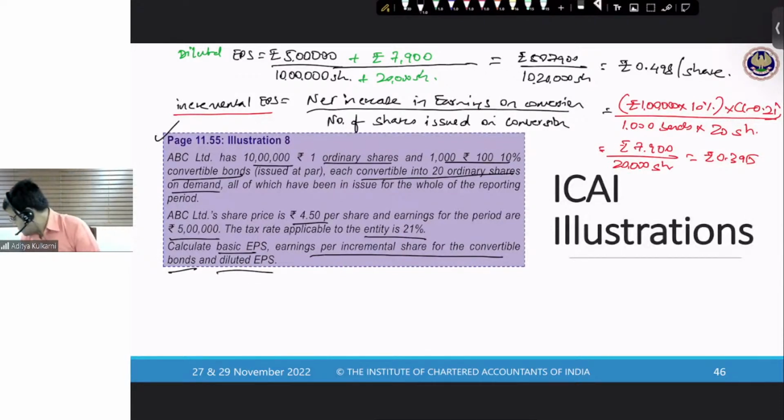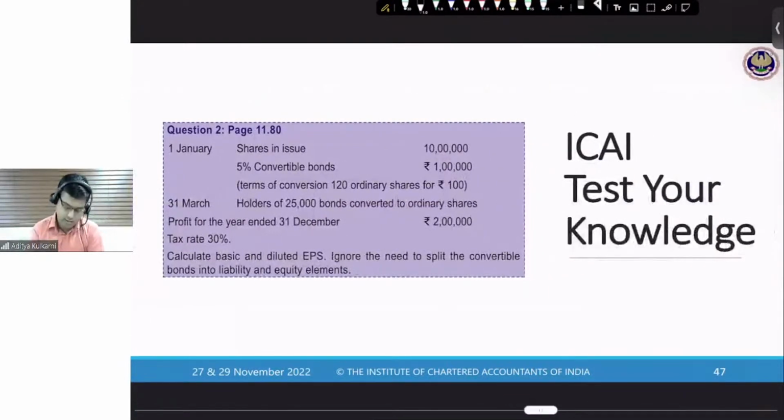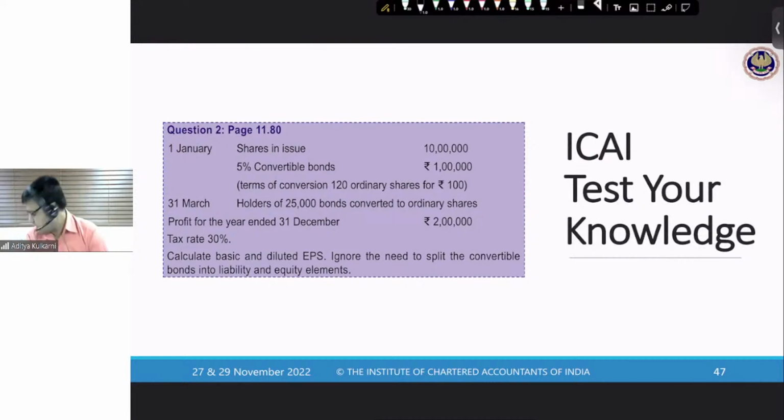We move on to the next one. Okay. Holder of 25,000 bonds. I want you to work this out. Okay. This is important. On 1st January, you had 10 lakh shares. Okay.